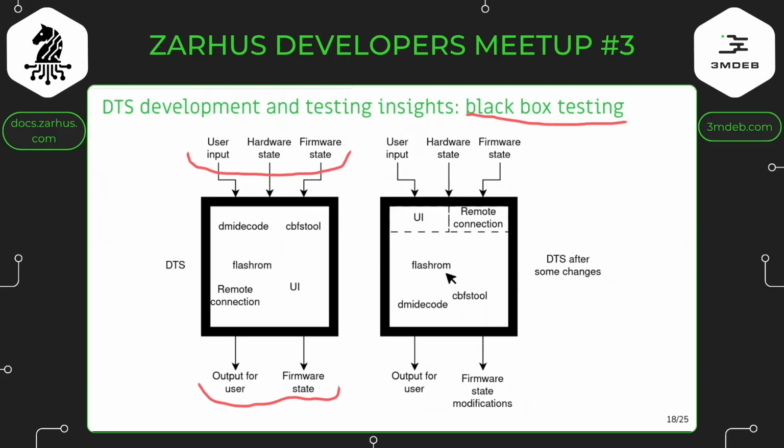So even if we completely refactor the DTS code inside, there will be no changes in the testing methodology, and we will be able to just operate on the same inputs and outputs with the goal to test the DTS and all the changes.